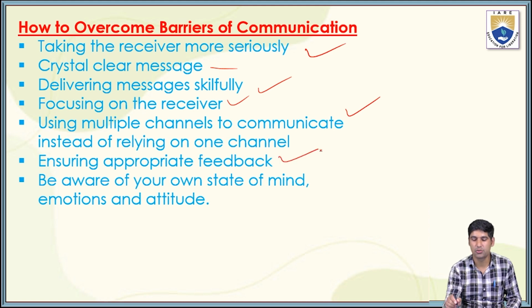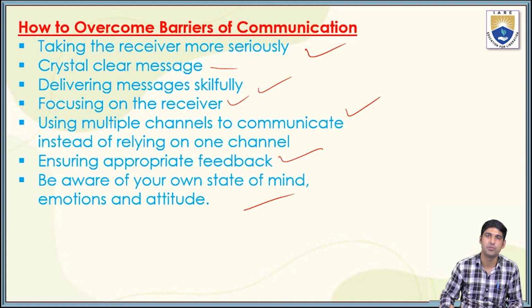It will help us to know whether my dialogue delivery, my lecture, my speech was understood by my audience or not. Then we should be aware of our own state of mind, emotions, and attitude. That means we should not speak when we are emotional. We should not speak when we are having some different attitude. So we should be aware of our mind.